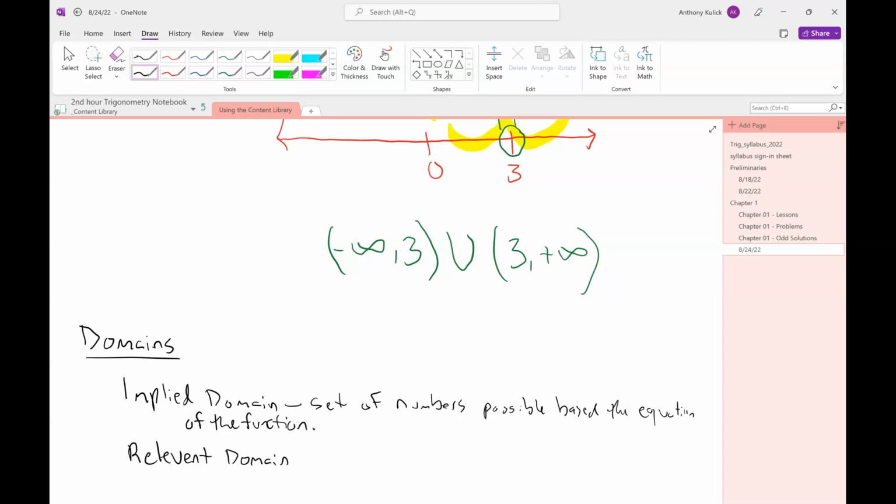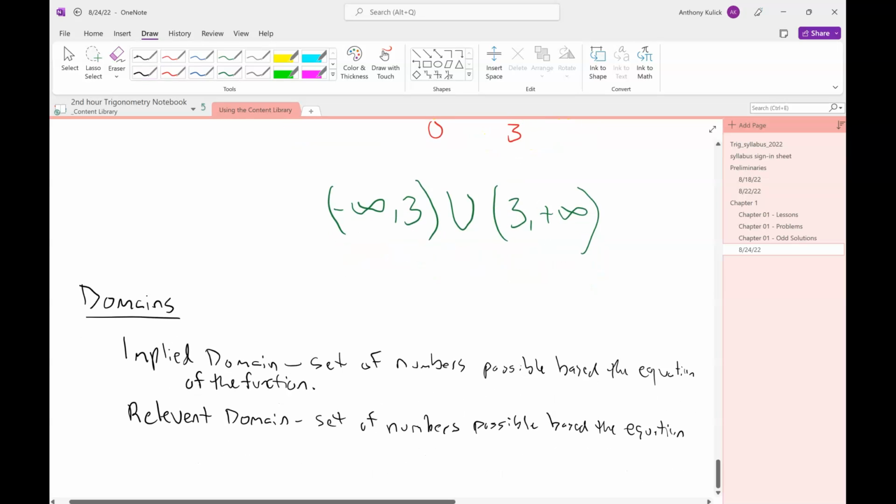A relevant domain is the set of numbers possible based on the equation of the function and the context.